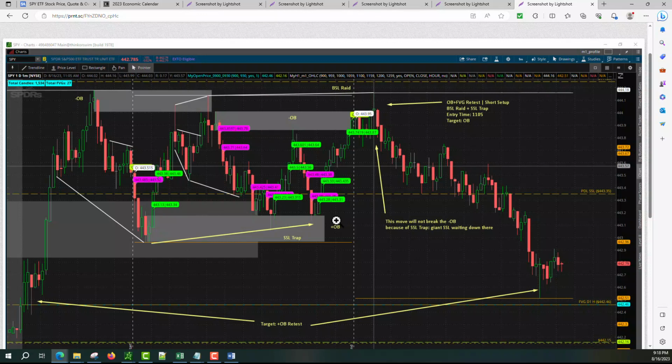That's what they try to do. And boom, they go one more time to take all the buy side liquidity that they built right there. And as soon as they take the buy side liquidity right here, boom, it goes down and takes over all the sell side liquidity from this one. You see that?